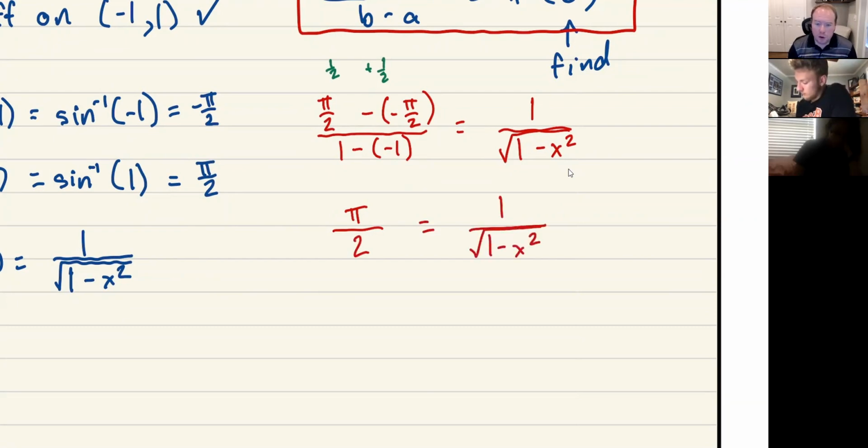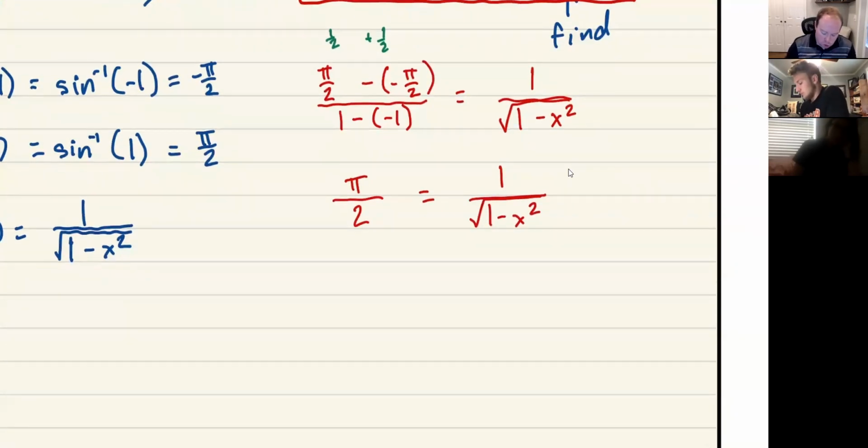All I did here was simplify the left-hand side. We will now reciprocate both sides, so we get the x out of the denominator. Again, this is just one way to think about it. So this is going to be 2 over pi, and it'll be equal to the square root of 1 minus x squared over 1.